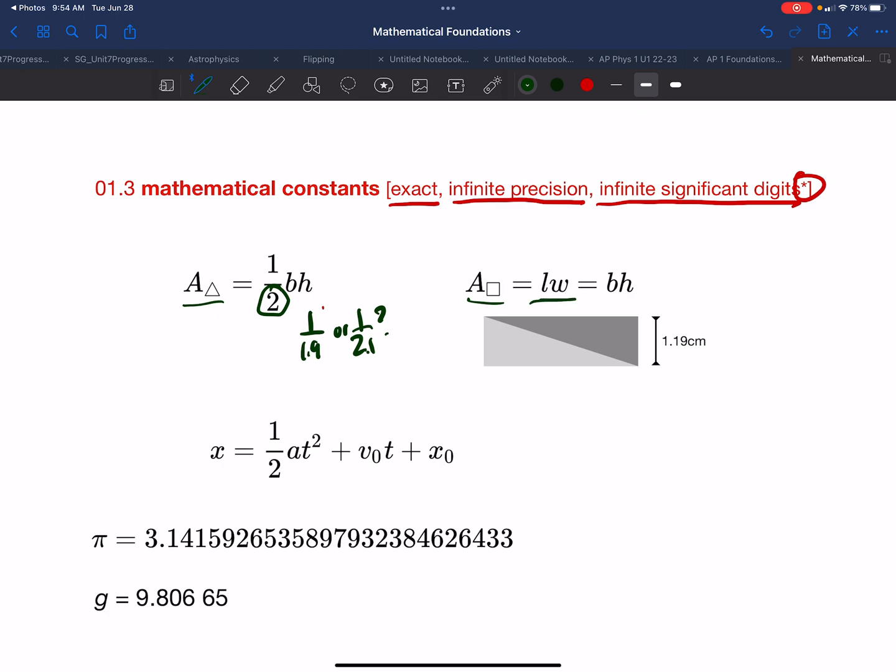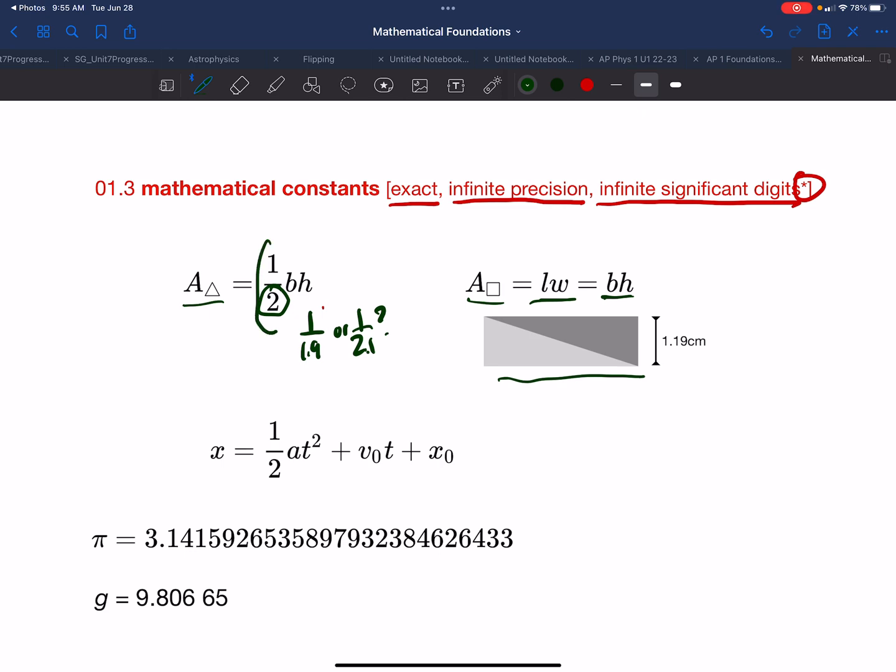The formula is length times width, which could be written as base times height. The idea is that the area of the triangle is exactly 1/2 that of the rectangle. Not 1 over 1.9, not 1 over 2.1, exactly 1/2. That's exactly what it means.